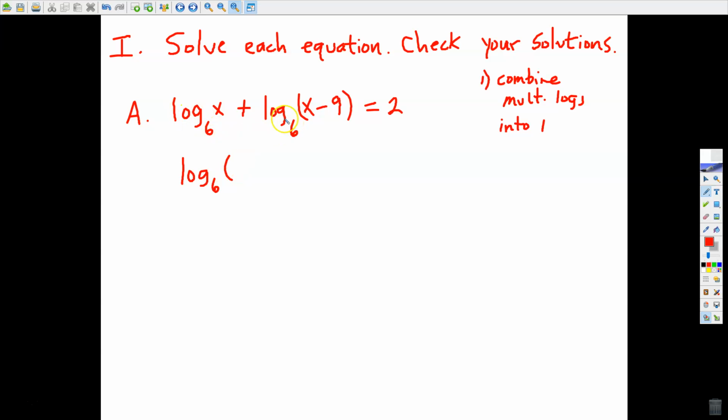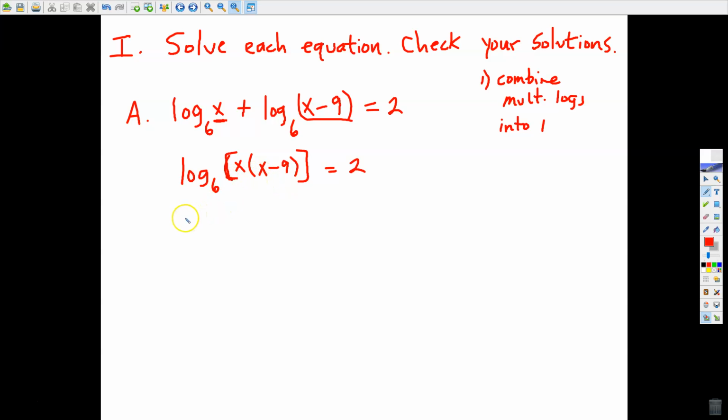I'm going to show it like this. Notice I took the logs and wrote them as a single log base 6 of x times, put a little bracket here, x minus 9. I'm being a little over deliberate so that you can see that these 2 logs became 1 by multiplying x and x minus 9.